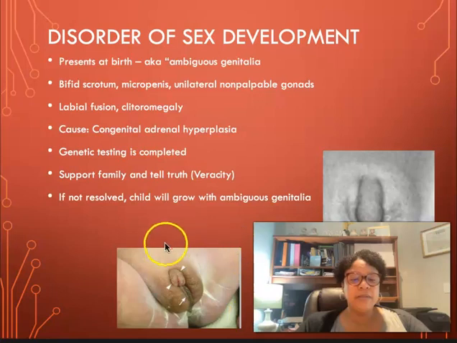I will tell you, this is a really good picture of when we're not clear if it's a boy or a girl. And this has happened to me a couple of times when I've gone down for births. It's a really difficult situation to be in, because you don't know what to say, but you can't hide the question everybody wants to know when they're born: is it a boy?